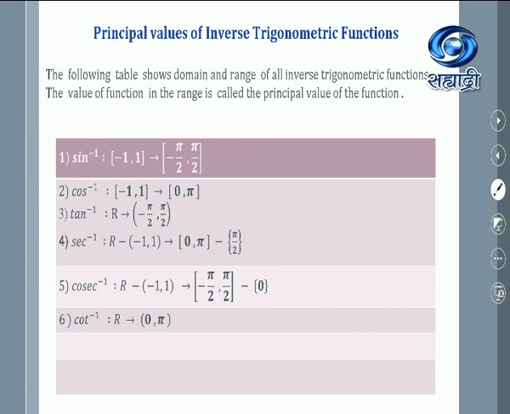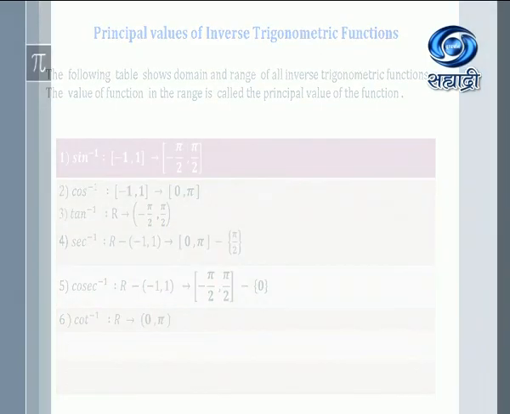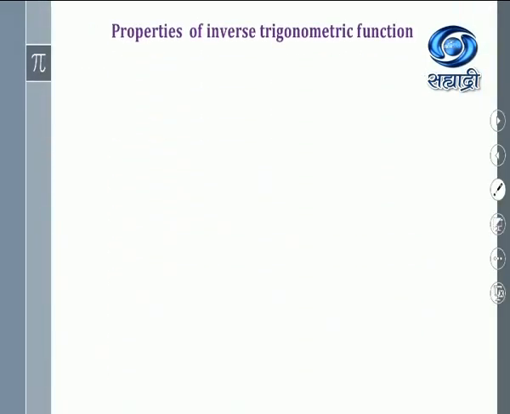Now remember, as I told you in the very first lecture, in my introductory lecture, that we don't have the proofs of the properties of inverse trigonometric functions. So we remember only the conclusions or remember only the properties. Okay. The first one is very important.